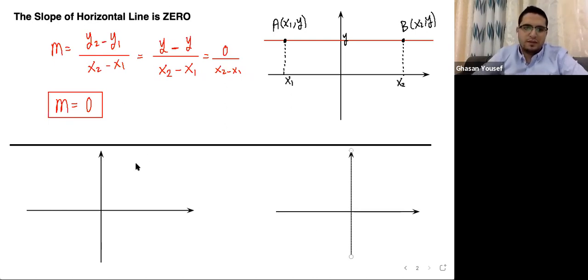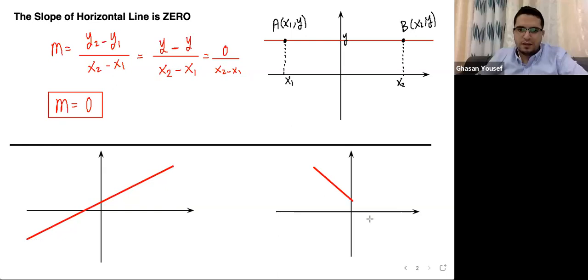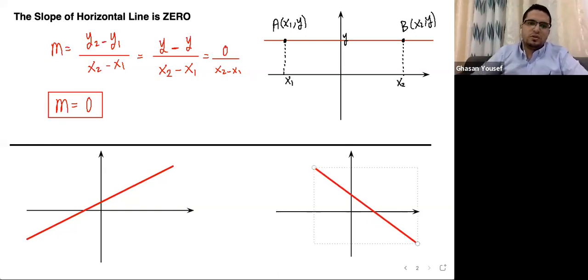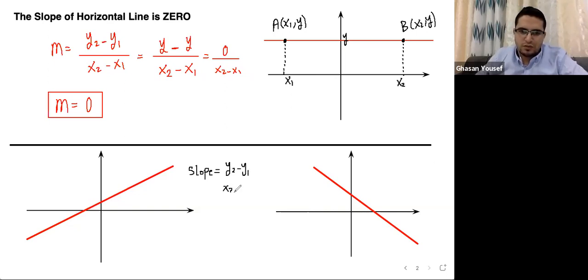If my line looks like this, and my other line looks like this, we should know for the first one, the slope equals the difference of y2 minus y1 over x2 minus x1, and the slope here is positive.